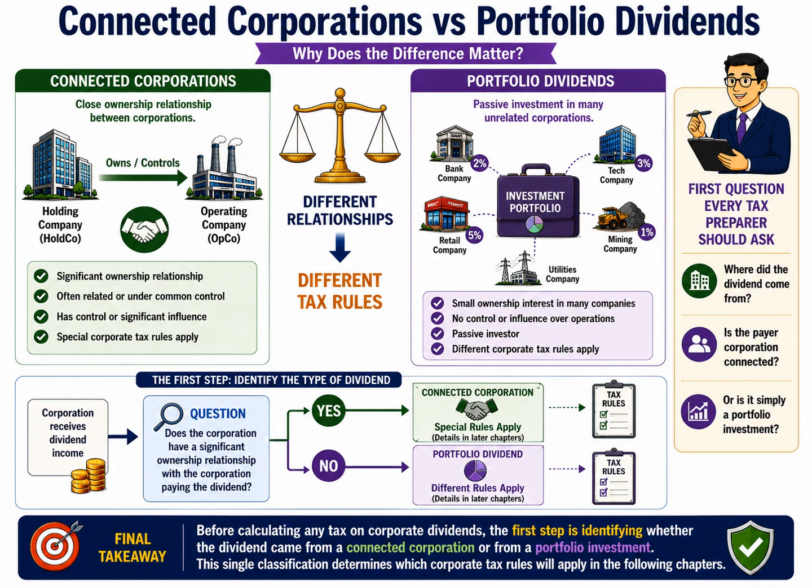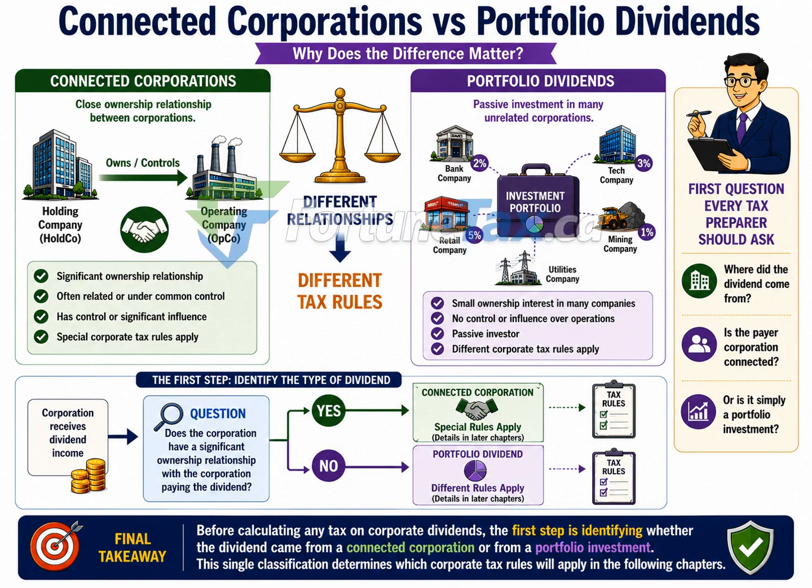The corporation receives dividends because it owns shares, but it has no significant ownership, no control, and no meaningful influence over those businesses. Although both situations involve one corporation receiving dividends from another corporation, the ownership relationship is completely different. And that difference is exactly why the Canadian tax system treats them differently.